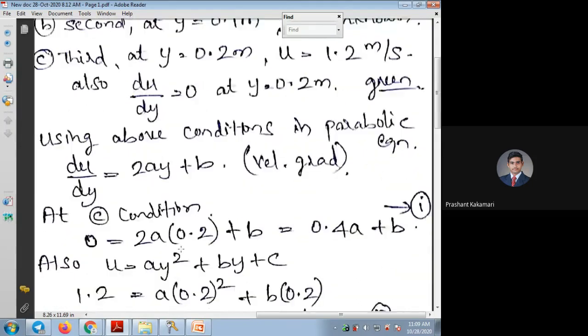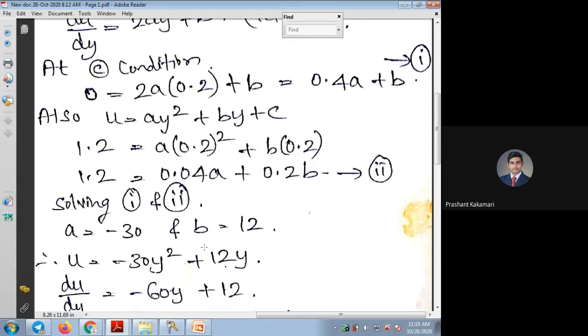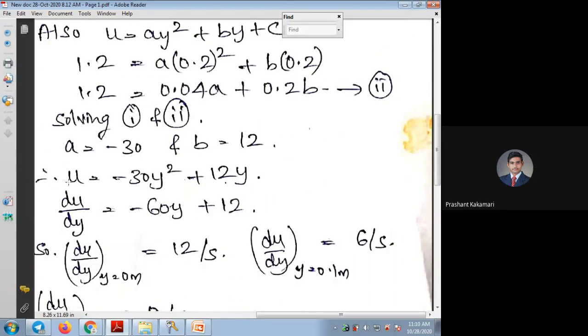So taking those two equations without differentiation and with the differentiation, that is du by dy and u of the parabolic equation. Later, you can substitute the conditions by knowing a and b constants. So once you solve these two equations with differentiation, without differentiation, and if you know the a and b values, one can find out either all three velocities or all three velocity gradients.